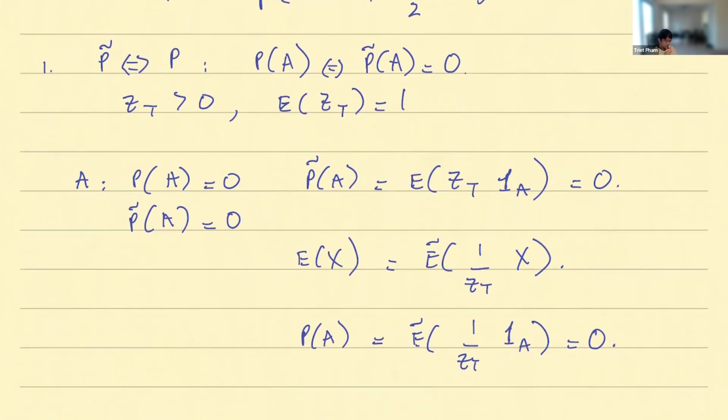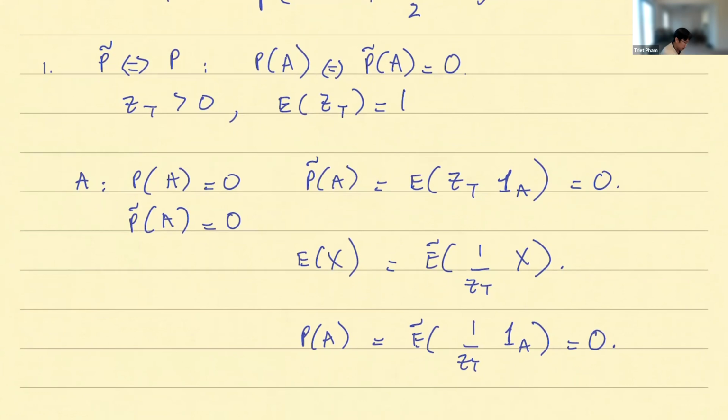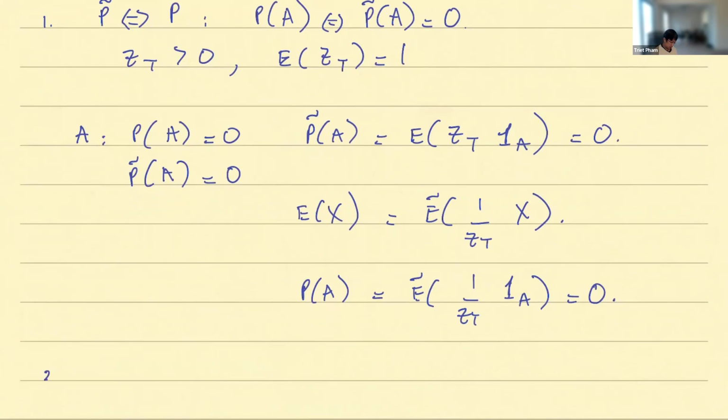Okay, so that one is actually an easy one. Now, what's the punchline? The punchline is that W tilde T, which is WT plus theta times T, is a Brownian motion under P tilde.